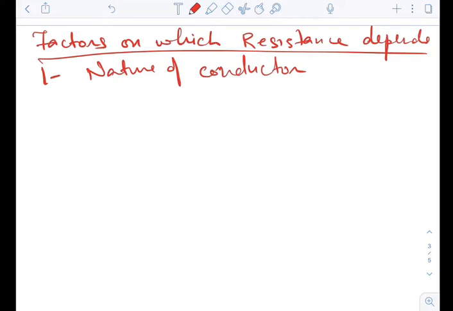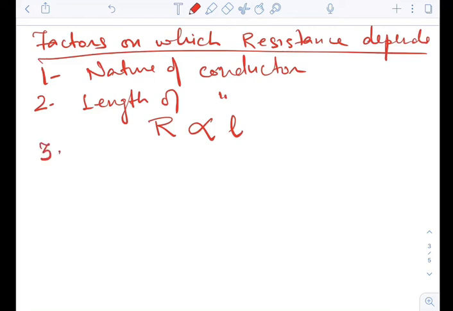If we are having copper, it conducts, it has a low resistance. So resistance depends on the nature of conductor, but we cannot show it mathematically. The second dependence is on the length of conductor. Resistance is directly proportional to length. Length increases, resistance increases; length decreases, resistance decreases.